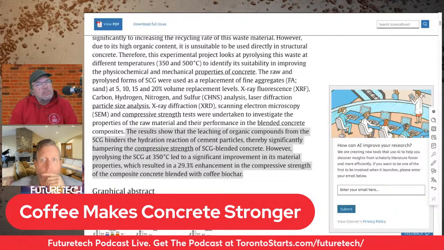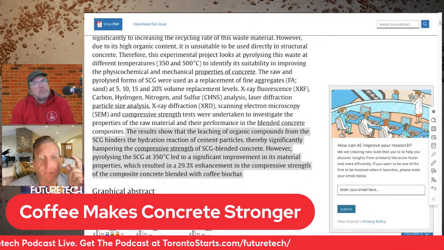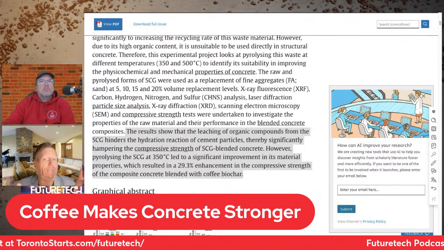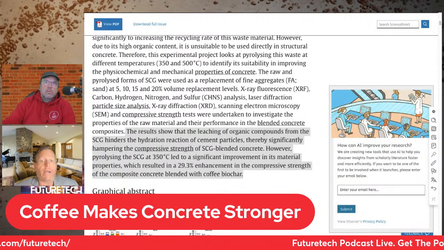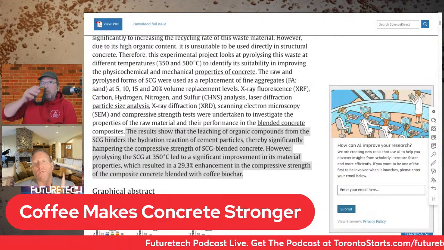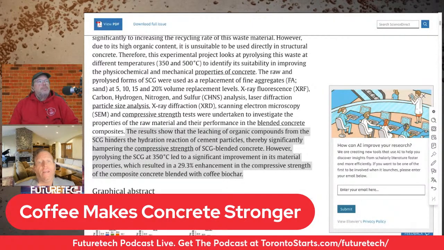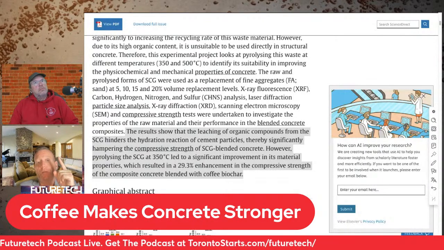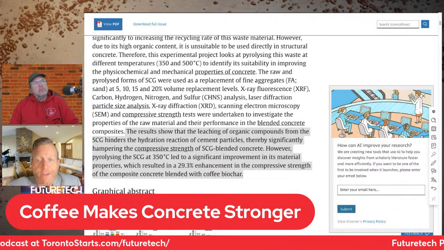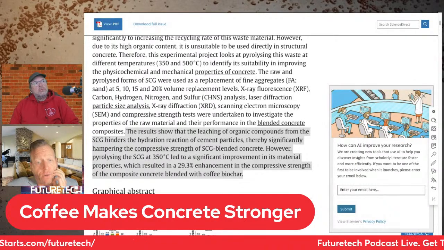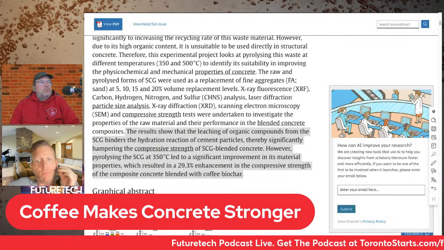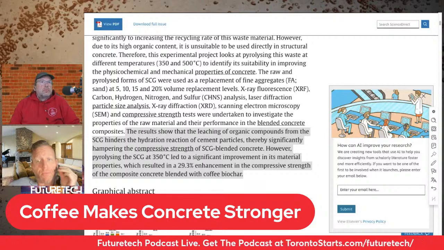Yeah, so like you said, the 30% increase represents the maximum strength improvement they achieved just in their testing. Higher ratios of coffee grounds above 5% did not increase the concrete strength any further. In fact, the strength started decreasing again at ratios above 7.5% as too much coffee biochar became detrimental, which indicates that there's an optimal amount of coffee grounds that provides maximum strengthening.